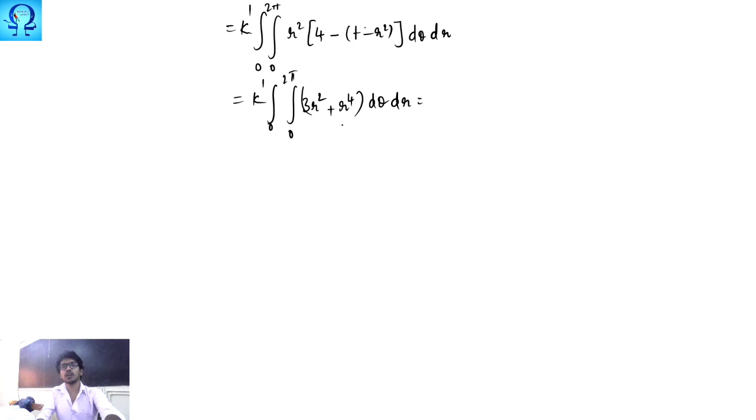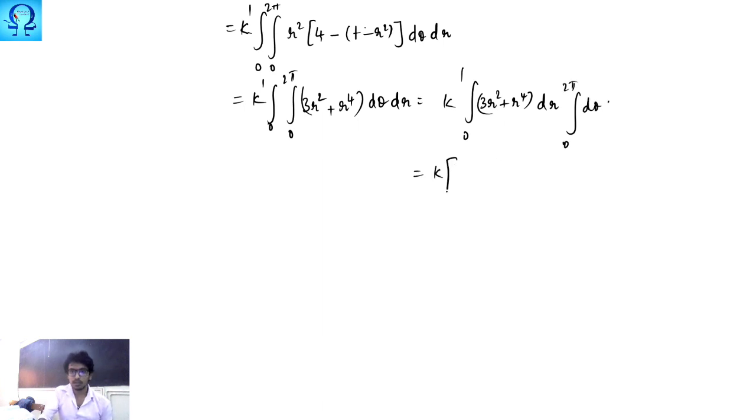Since it involves only r, you can split this: integral 0 to 1 of 3r square plus r power 4 dr, integral 0 to 2 pi d theta. So it is k multiplied with 3r cube upon 3 plus r power 5 upon 5 from 0 to 1, and this is theta over the limit 0 to 2 pi.